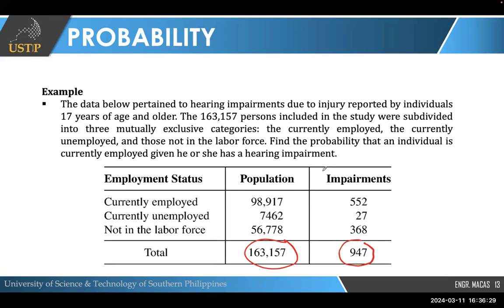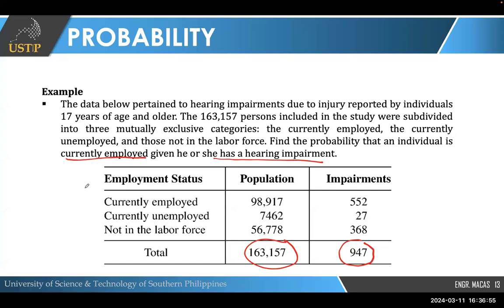So how do we reconcile that? What we need to find, like a probability, is the probability of an individual being currently employed given he or she has a hearing impairment. So how do we translate that into mathematical form?